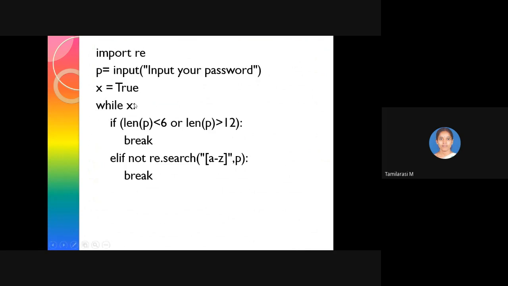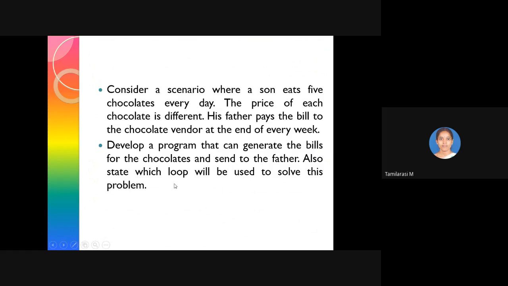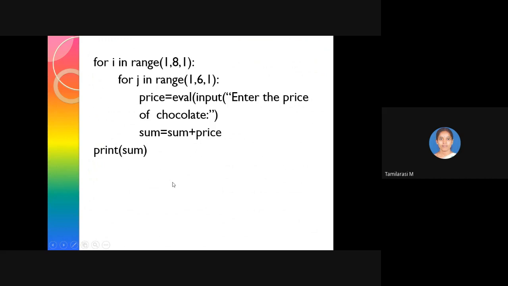While means if the condition is true, then the block of statements will be executed. If the condition is false, the block of statements will not be executed. Just look at this. This is an example for the for loop. Here we are using the range function.